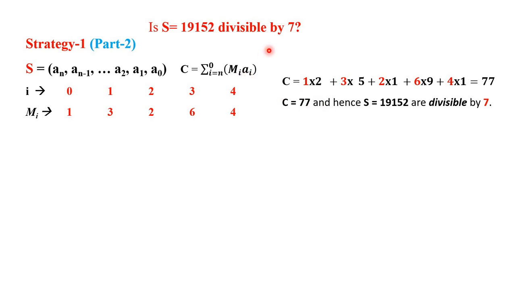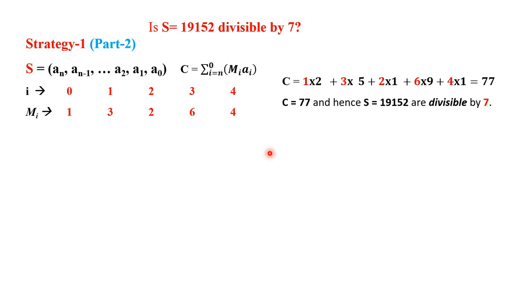So it goes from right to left because A0, A1, A2, A3, and A4. So 2, 5, 1, 9, 1, with 2, 5, 1, 9. So you get 77, and 77 is divisible of course by 7. So you can declare that the given number, this 5-digit number, is also divisible by 7.